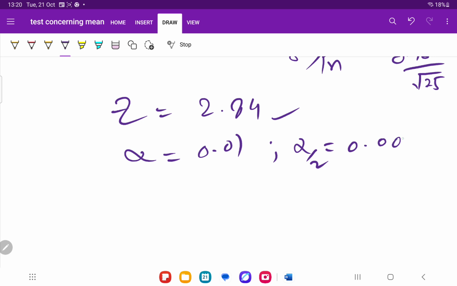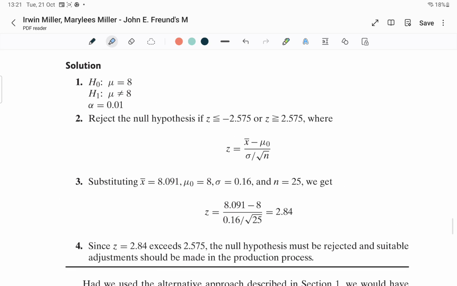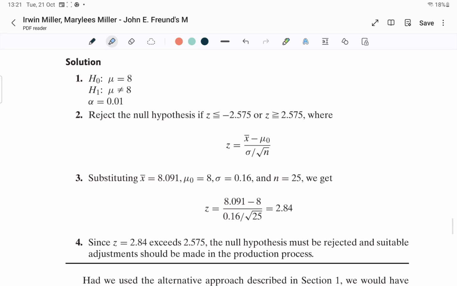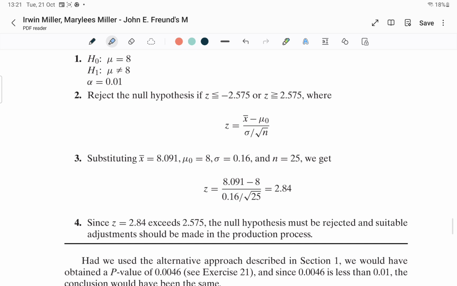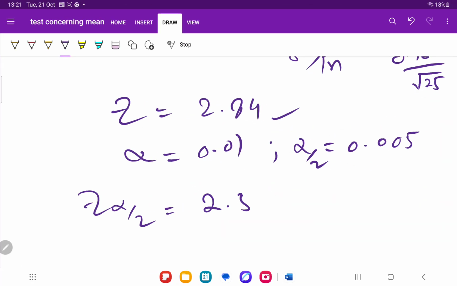So you have to calculate Z alpha by 2. Z alpha by 2 is 2.575.